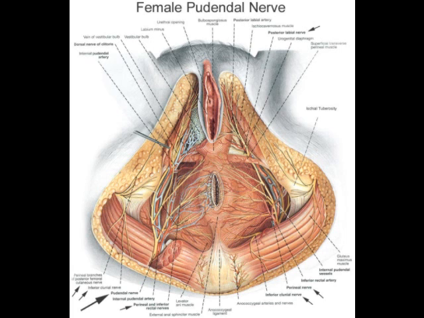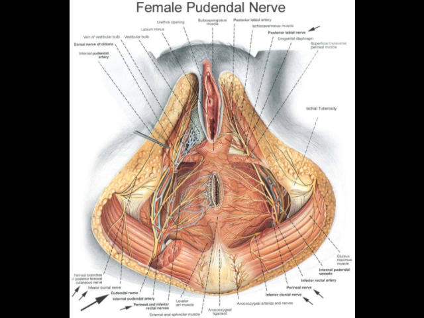Now on the right side, you see the ischial tuberosity there, which is basically the sitting bone area. Then above that, you see the superficial transverse perineal muscle.